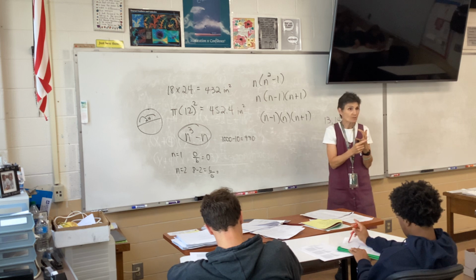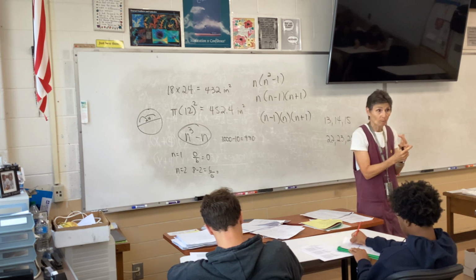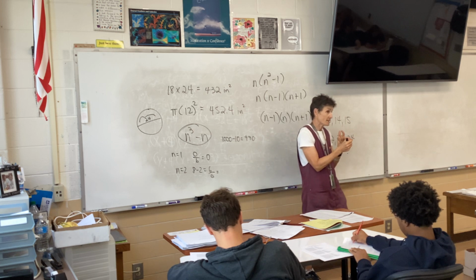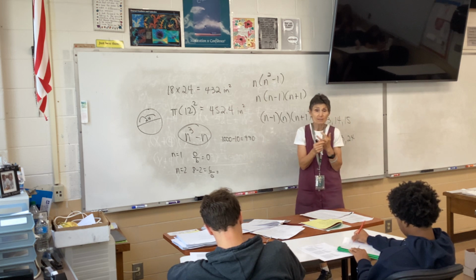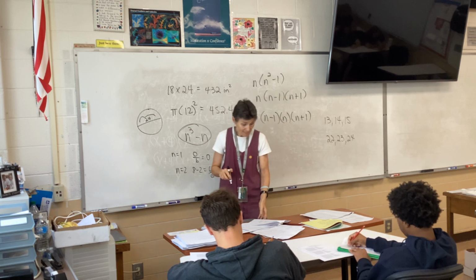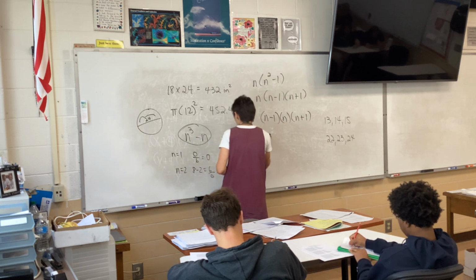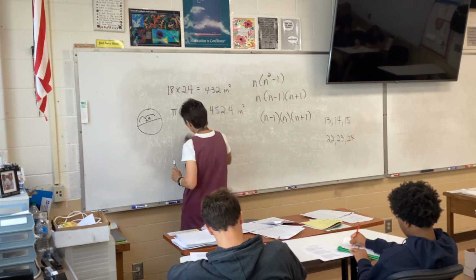At least one of those is going to be even, and therefore divisible by 2. One of those is going to be divisible by 3, because every third number is divisible by 3. And therefore, being divisible by 2 and divisible by 3 means I am divisible by 6.